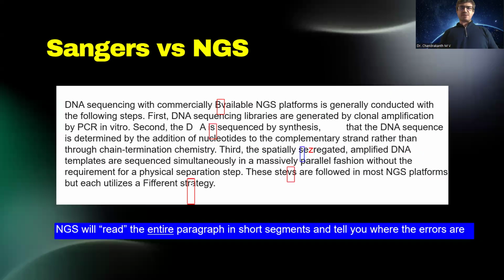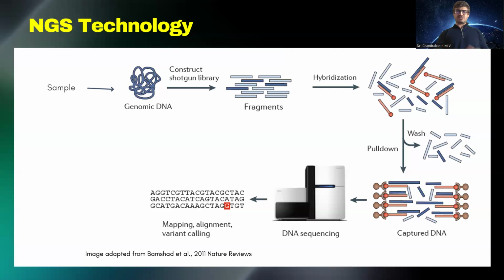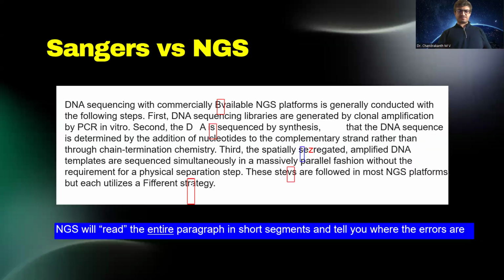This is called as massive parallel sequencing. So these are the steps that you saw in NGS. You would cut the DNA fragments and then you will amplify it and then you will read each one multiple times to make sure there are no errors in it.